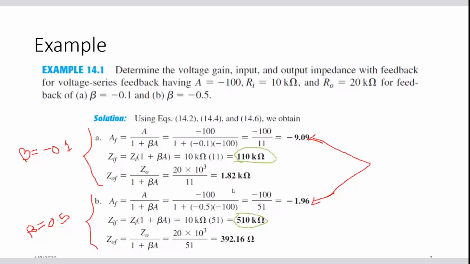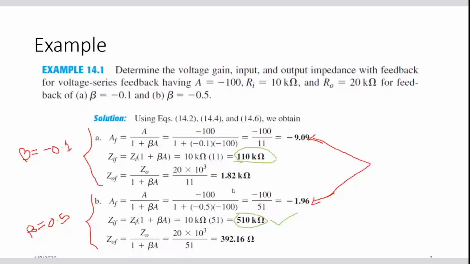This is the desired thing for an ideal amplifier. For a good amplifier, your input impedance has to be very high. That can be achieved only by giving a large amount of feedback. So based on your requirement, your beta value will be varying. In some cases, you may not require a very high impedance.